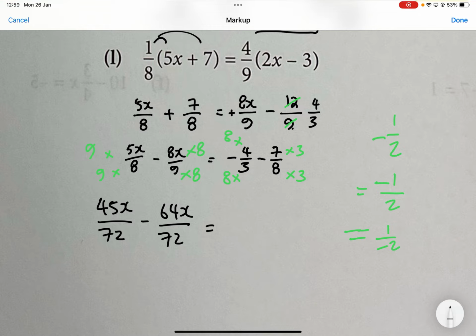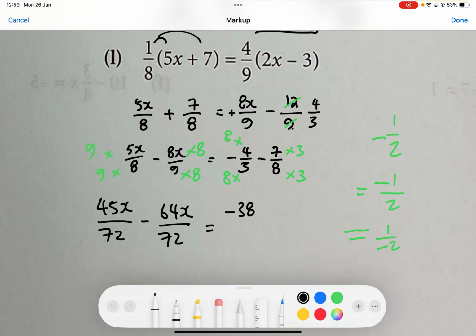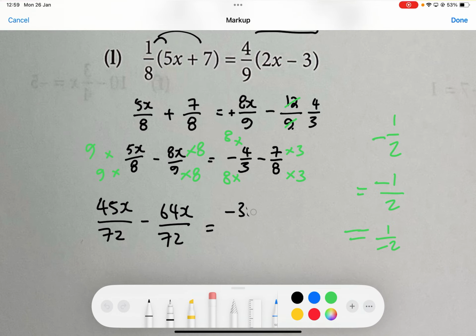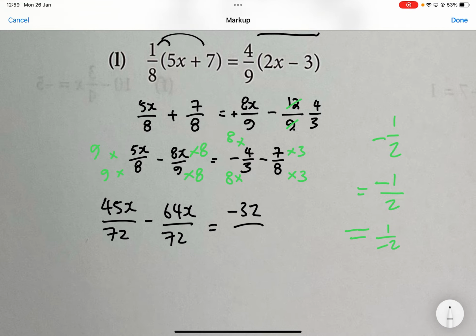Then I will have my minus with my 4 times 8. So minus 32 over 24. Then minus. Okay, this right hand side one is also the same. You can press the calculator.